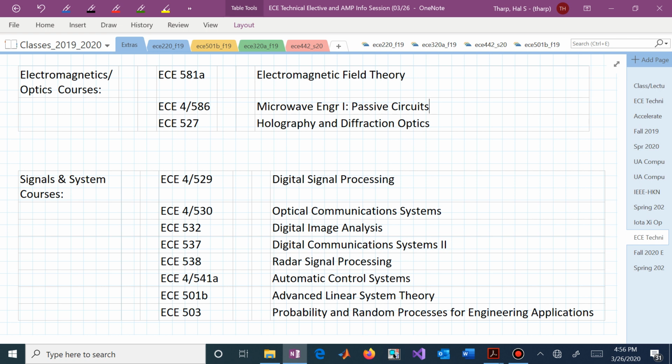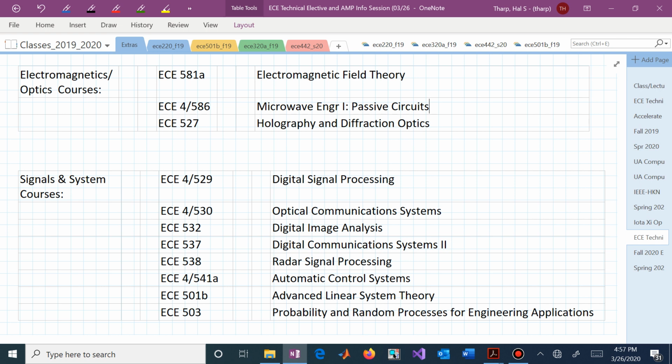And a couple of graduate only or graduate level classes are 501B, Advanced Linear Systems Theory. That's linear algebra. More generally, it's a theorem and proof type class, but it's designed to make you feel a little bit more comfortable transitioning from the finite dimensional domain into an infinite dimensional domain.